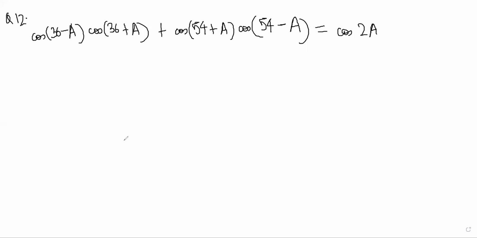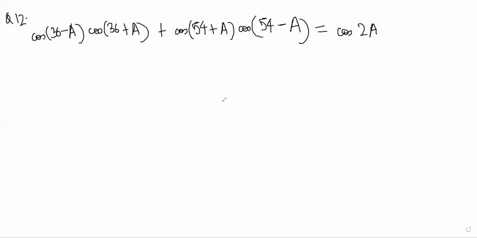How does that help you? Yes, so if you leave the first two as they are, you get cos(36 minus a) cos(36 plus a) plus sin(36 minus a) sin(36 plus a).